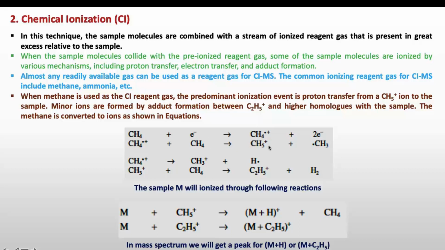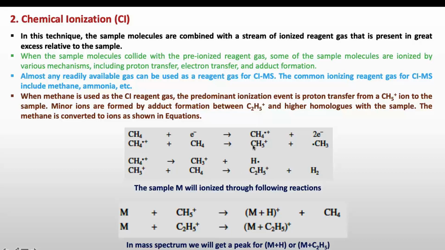This CH5+ is important to ionize the sample molecules. Another reaction can happen here: the CH4 radical cation can dissociate to CH3+ and an H radical. Now this CH3+ will collide with another molecule of CH4 and convert it to C2H5+.